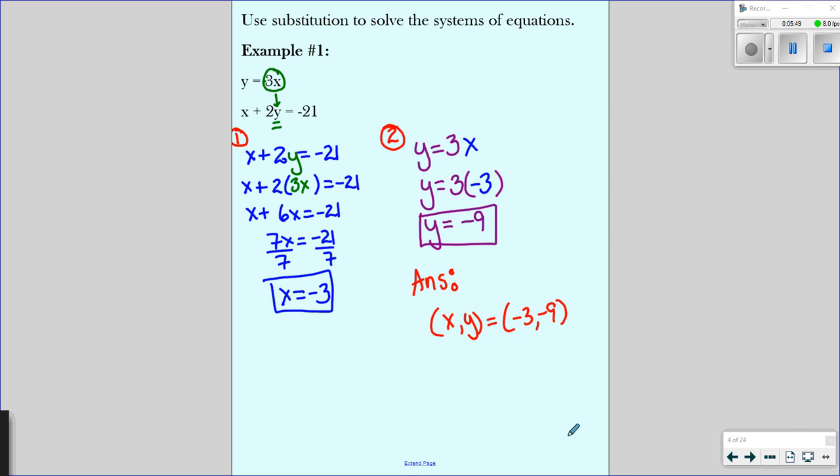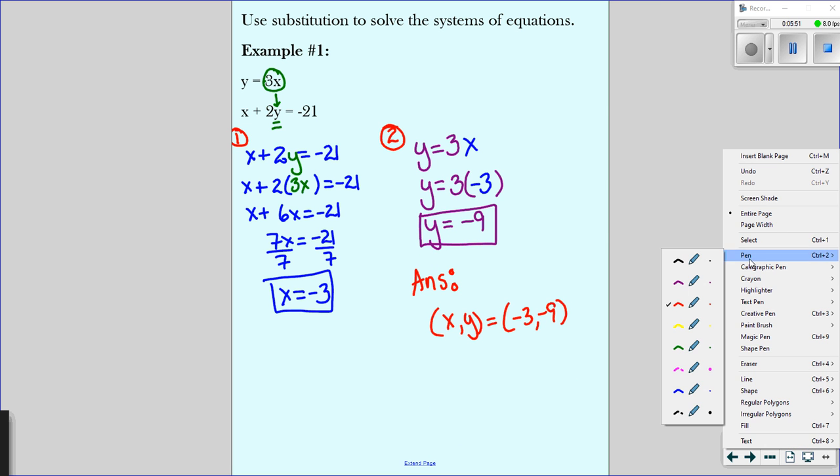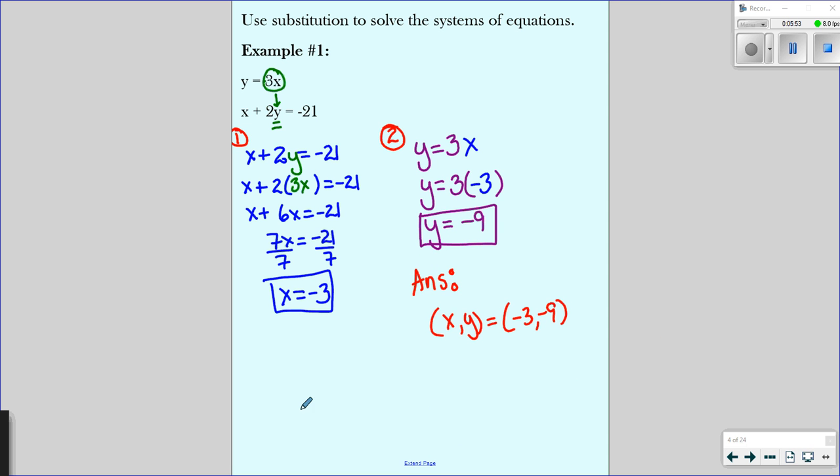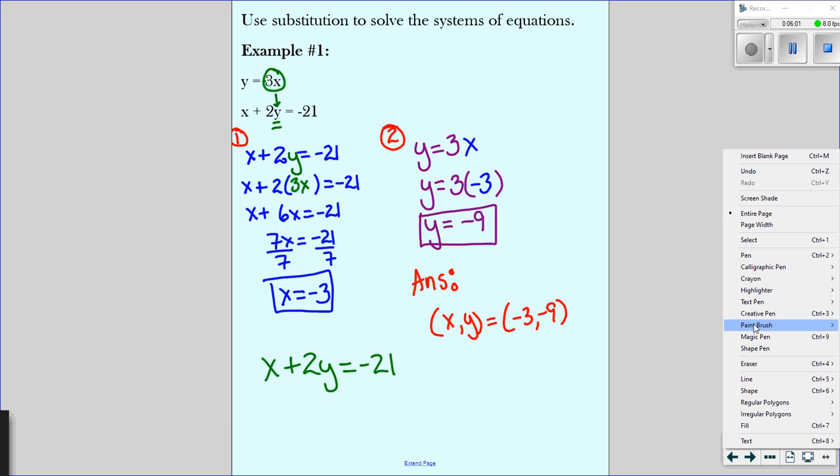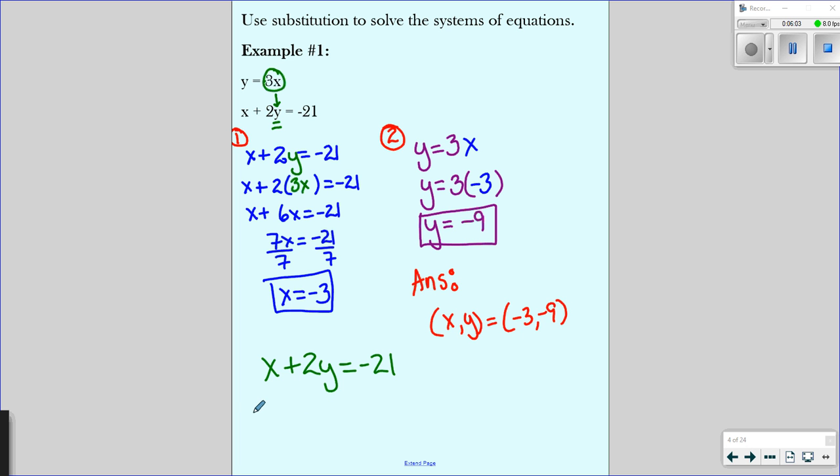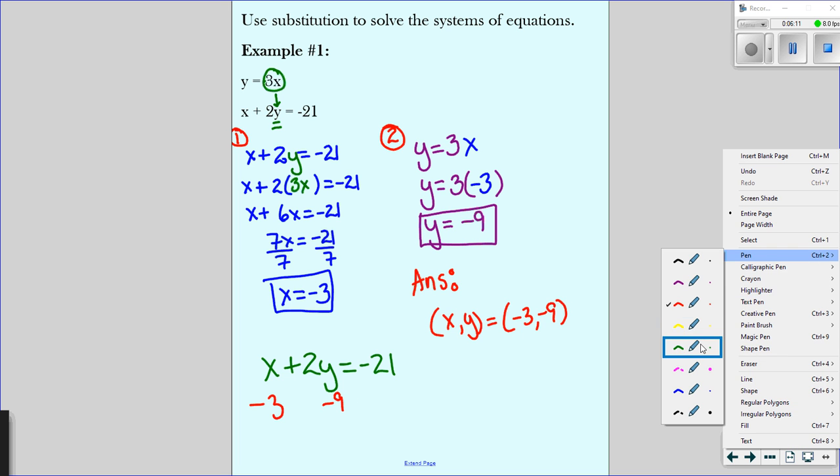And you know what? I will do that to show that I got the right answer. So I have x plus 2y equals -21. I'm going to plug in my numbers, and I'll use the colors that I chose for them. So this is -3, and then I'll put this -9, and I'll put the other numbers and symbols.